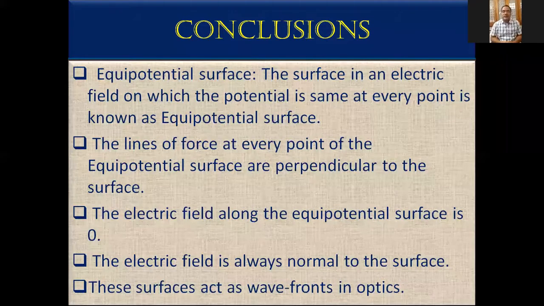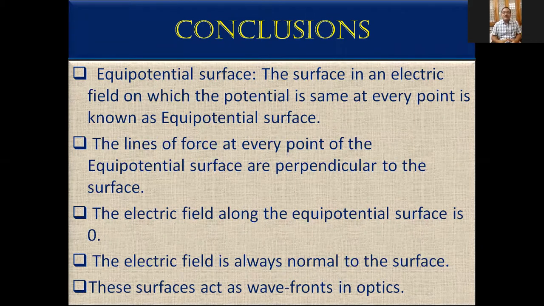Yes. The points to be remembered in the present lecture are: the first, we defined the equipotential surface, that is the surface in an electric field on which the electric potential at every point remains constant, that is called an equipotential surface. The characteristics of equipotential surfaces are: the lines of force at every point on the equipotential surface are perpendicular to the surface.